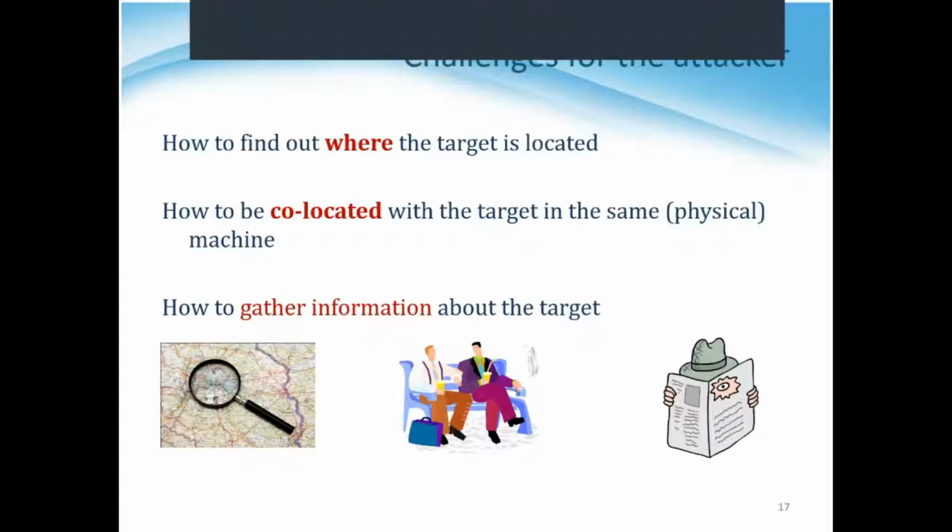These are some of the challenges for the attacker. He should find the location, that is your IP address, and identify the target by gathering information. Without knowing the location, he cannot do anything, or without knowing my password, he cannot hack my system.